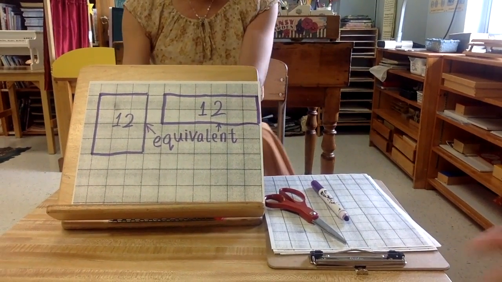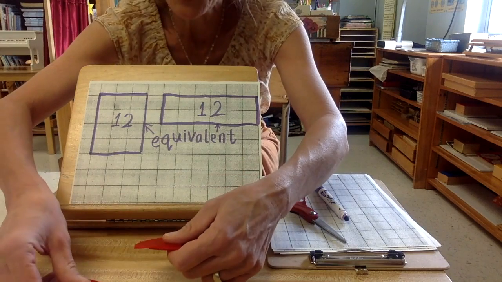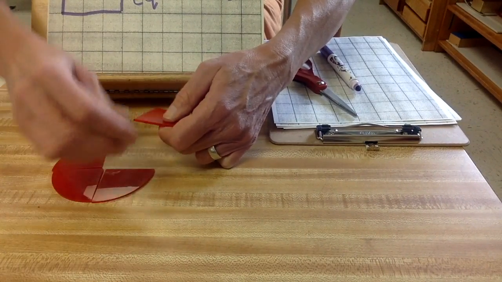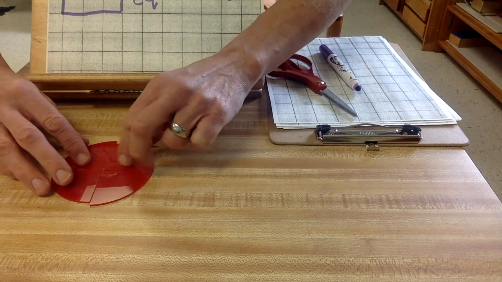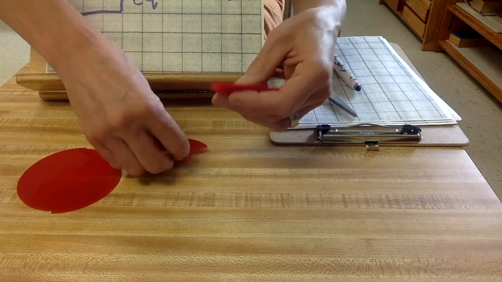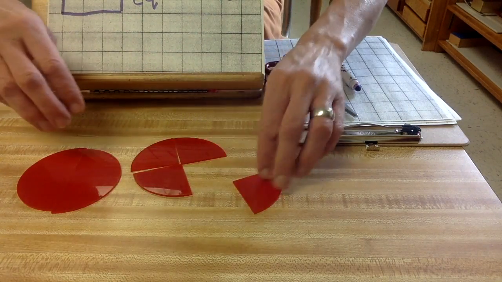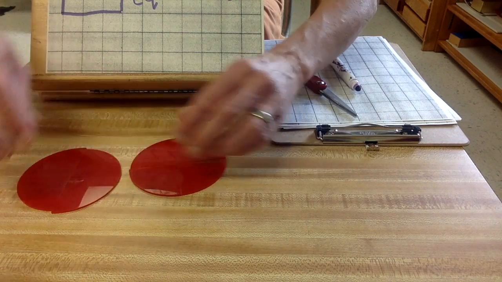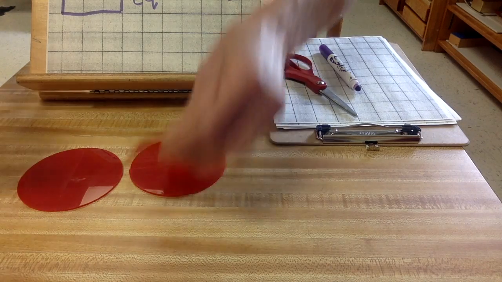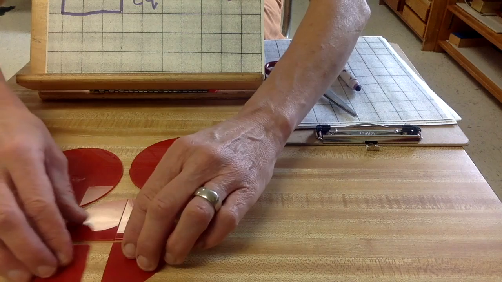I'm going to use fourths because I want to show you. We'll do 1, 2, 3, 4. So that's one group of 4. 1, 2, 3, 4. That's two groups of 4. And 1, 2, 3, 4.